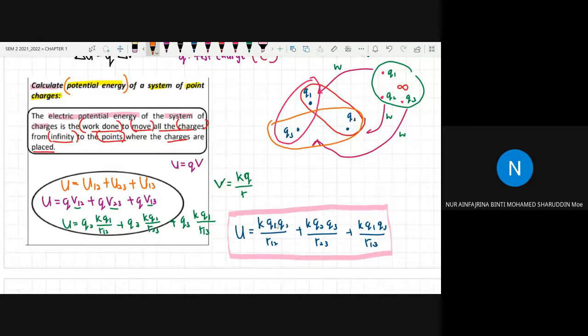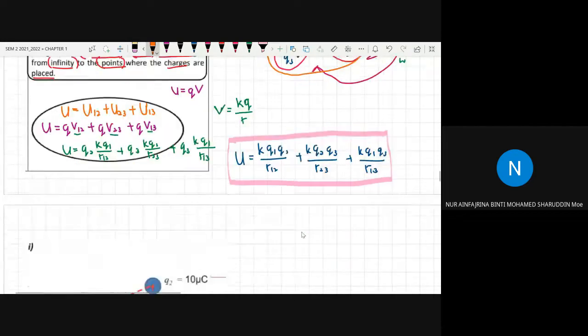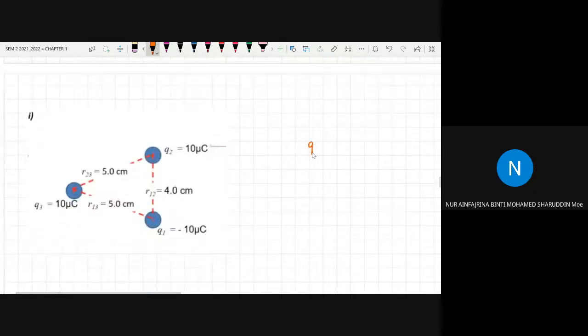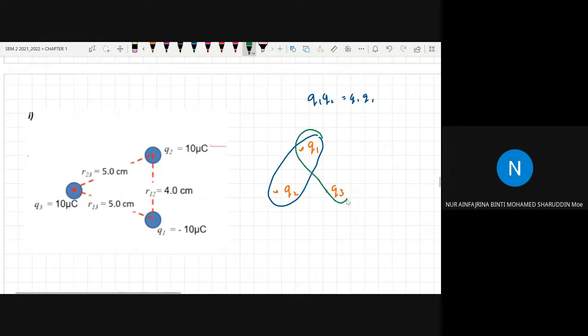Sebab dia assume together. Okay, I understand what you mean. Dia macam ni. Contohnya sekarang, I nak buat 1 and 2. So 1 and 2, Q1, Q2 is the same as Q2, Q1. Faham tak Sinjay? Okay, I'm done with this one. Now I buat dengan ni pula, Q1 dengan Q3. So Q1, Q3 sama je dengan Q3, Q1.